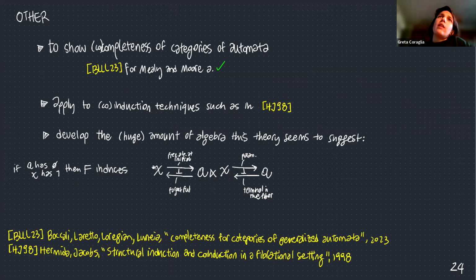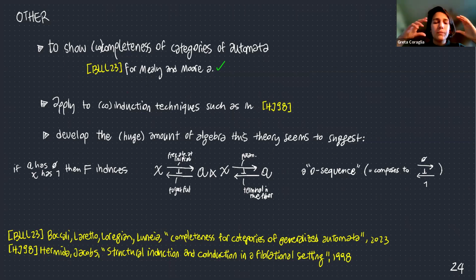In a sense, the left adjoint to these forgetful functors is the one that takes the free algebra at the initial object, and at the initial parameter, excuse me. The other one does the dual of that. Not only that, but these two adjunctions compose into what some people call a zero sequence, so basically composed to constant initial, constant terminal.